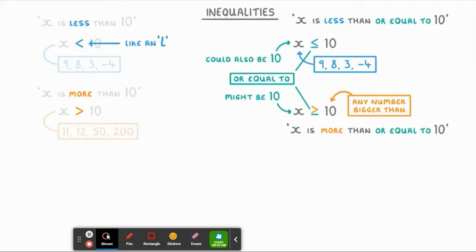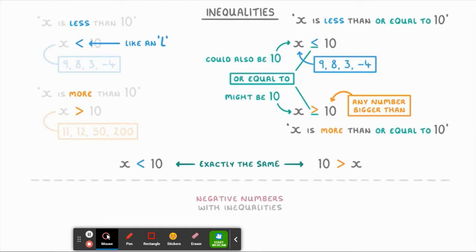Another important thing to know is that when we take an expression like x is less than 10, that means exactly the same thing as 10 is more than x. In both cases, we're saying that 10 is a bigger value and x is a smaller value. We can also use negative numbers with inequalities.